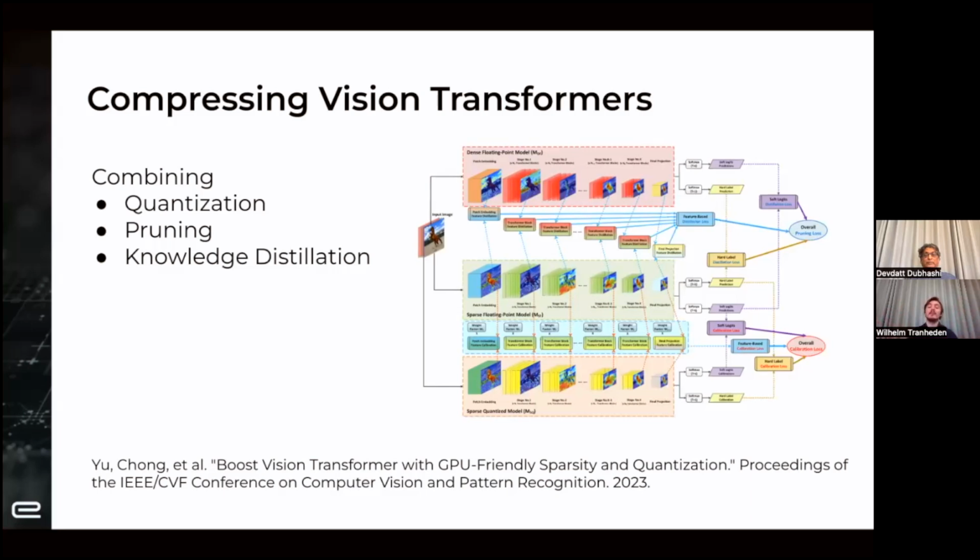And you would have a compressed, that is pruned and quantized, model at the bottom here. And you would then combine the outputs and the intermediate features of these into various distillation losses. So you would try to have this floating point model, and you would then try to distill all that knowledge to this compressed, pruned and quantized student model.